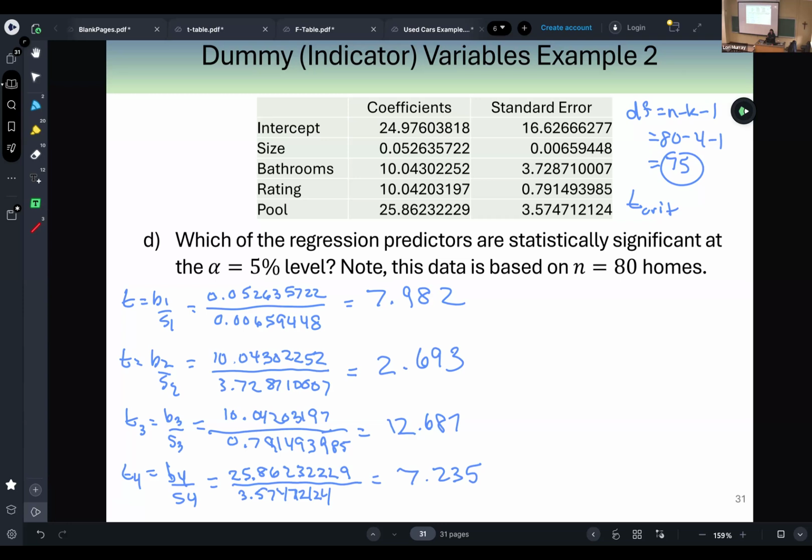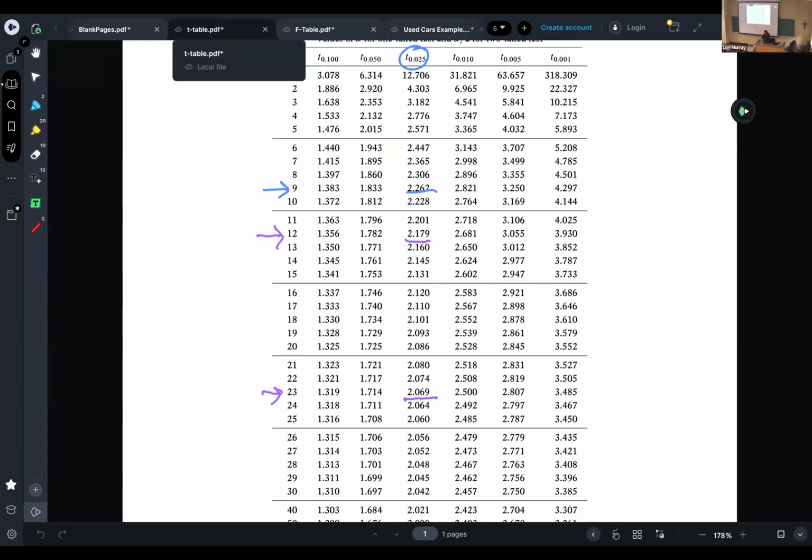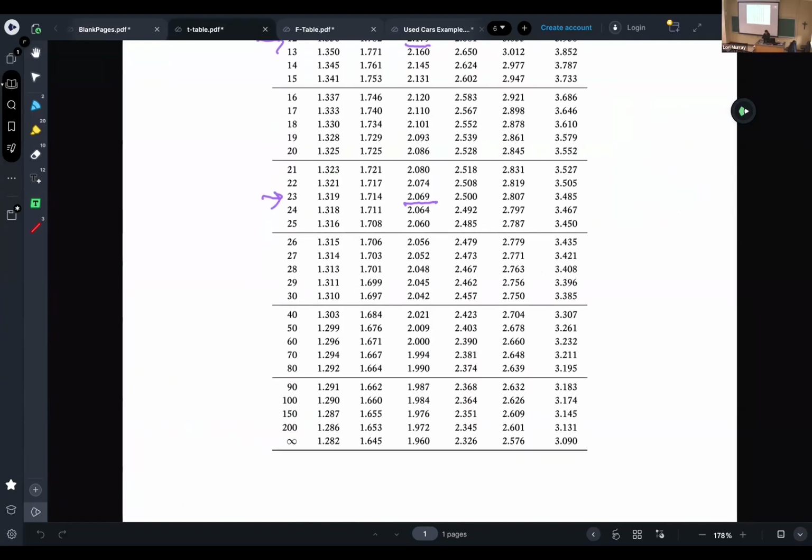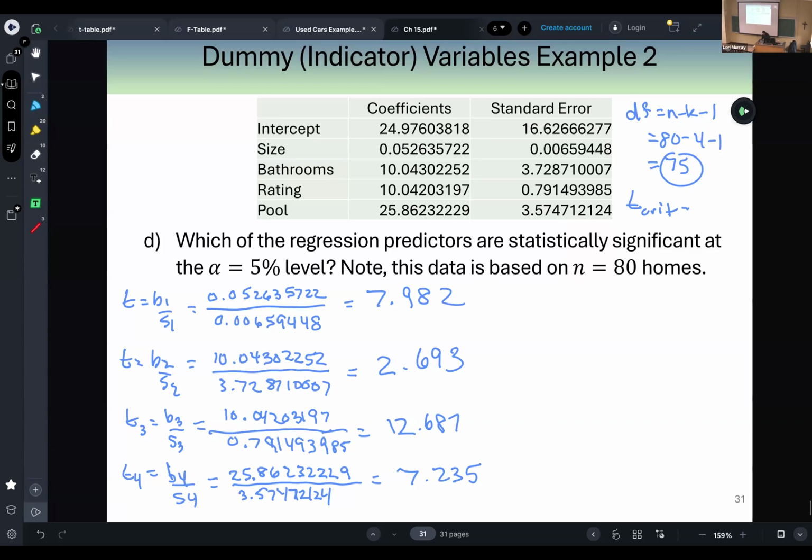That's good. Our critical value, we just need one critical T value here. Let's get that. It's going to be 75 degrees of freedom. So we'll take 70. Remember, way back, we said it's always best to err on the side of caution, to always go down to the lower one. We could have used 80, but 70 is probably better. So we'll do 1.994. Okay, this is looking interesting because 1.994 is our critical value.